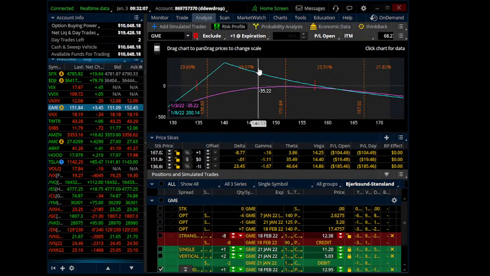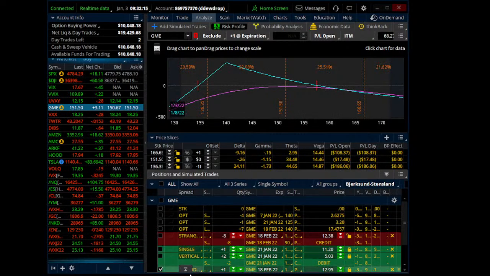Now this is showing on expiration. Actually, this chart here is showing before expiration, but on expiration, the spread anywhere below 145 is worthless, and anywhere above 155 it's worth $10.